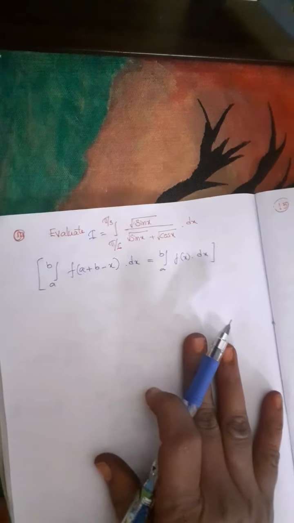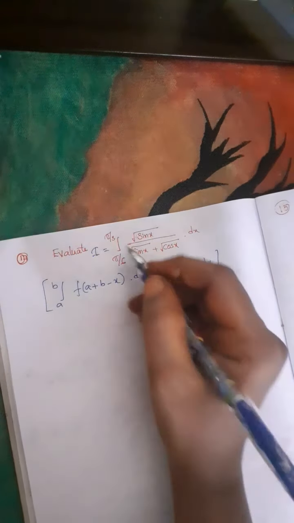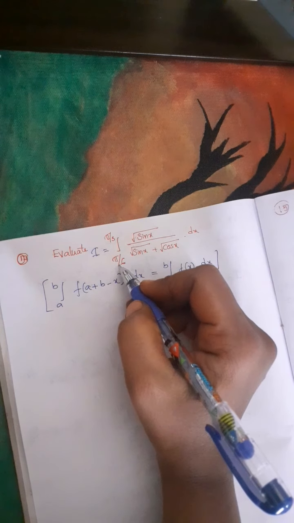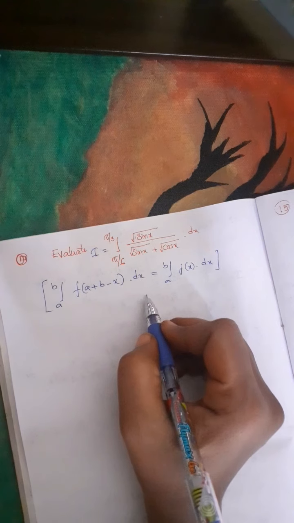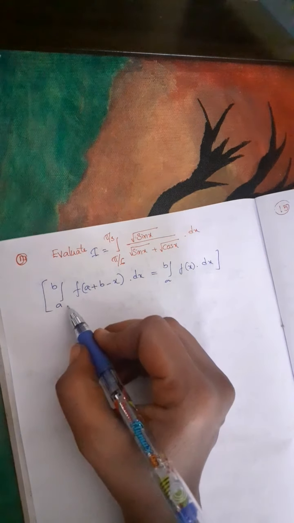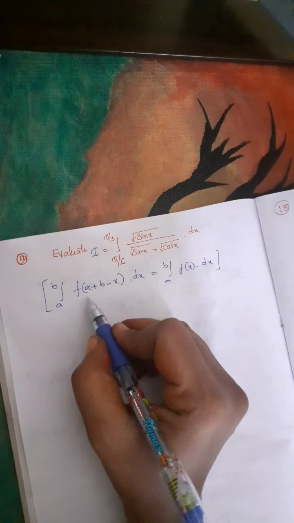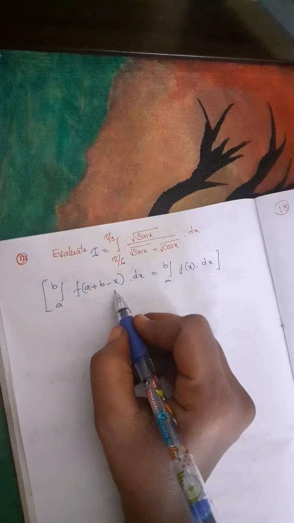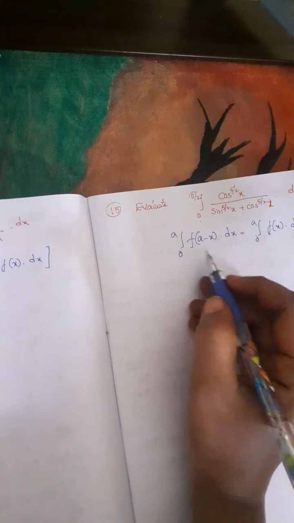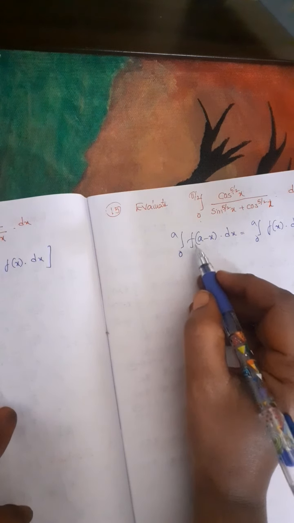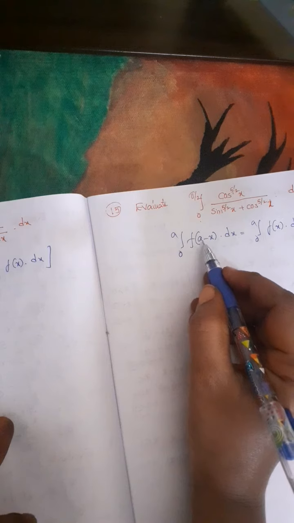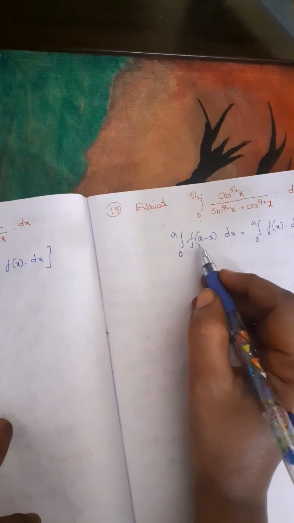But observe this question. Here we have two limits, so we are going to use a somewhat different formula: integral over a to b of f of a plus b minus x. In the previous question only a was there; if you apply the same formula, f of a plus b minus x, a plus b means a plus 0.